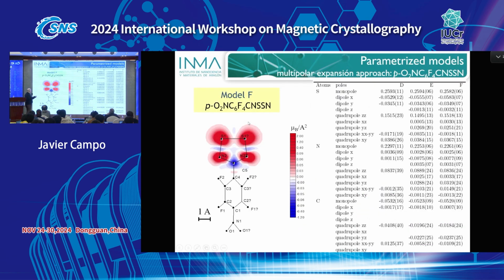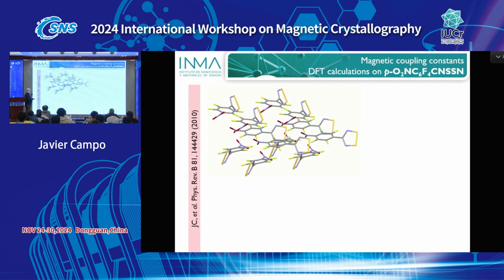Or the spin density by using the multipolar expansion approach, with different models using different dipoles. This is one example of how to use polarized neutrons to determine magnetic spin densities.